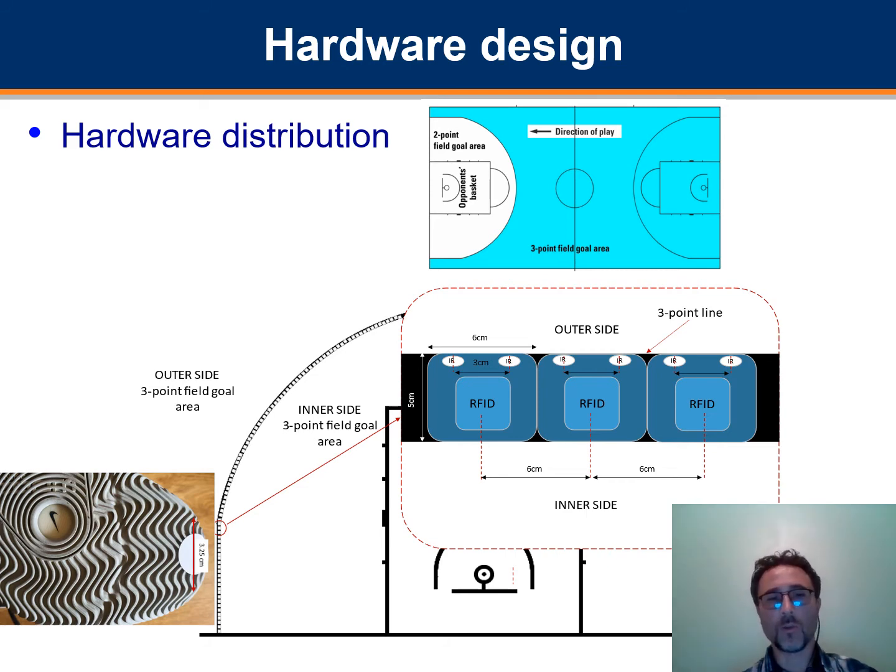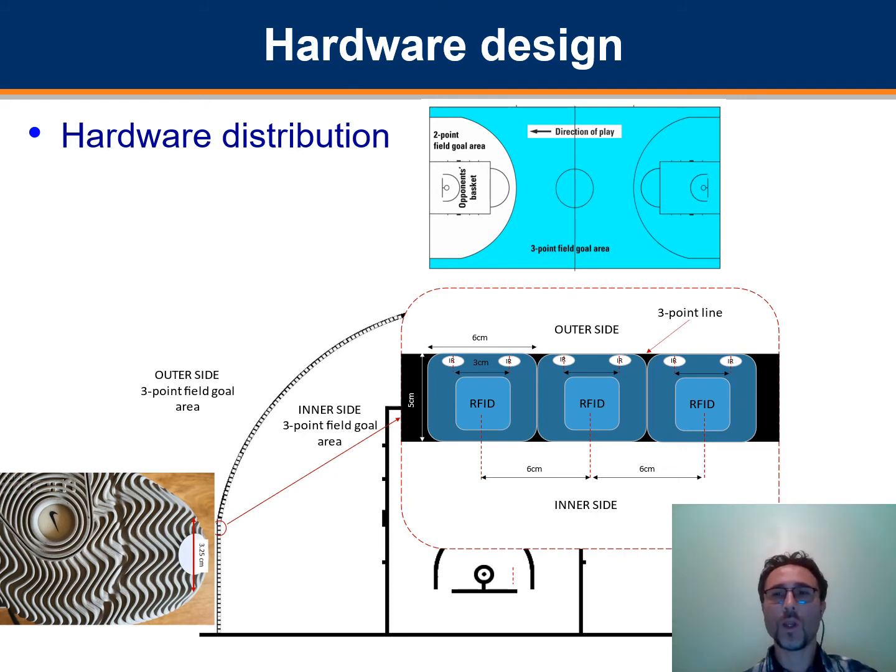Like this, we have to distribute these sensors at 3 centimeter intervals. So it means that the number of infrared sensors must be double that of the RFD tag readers. So we will use around 810 infrared emitters and receivers.